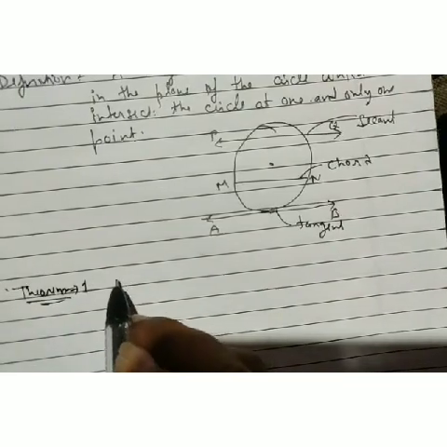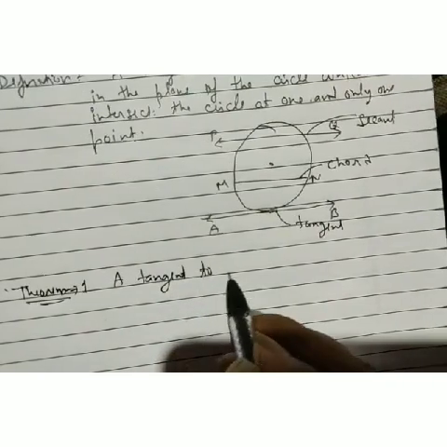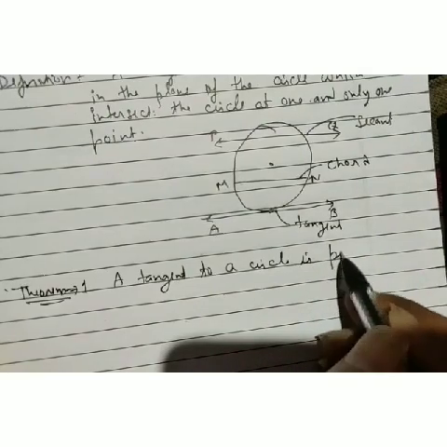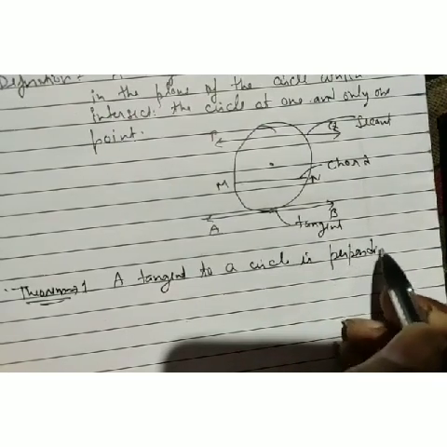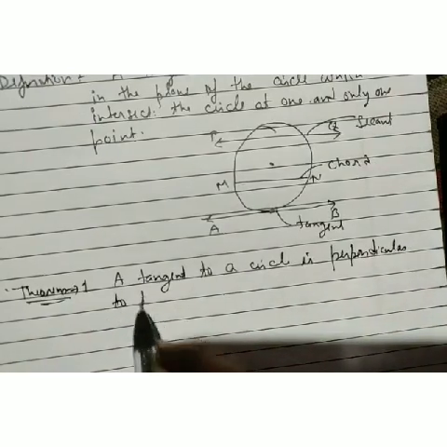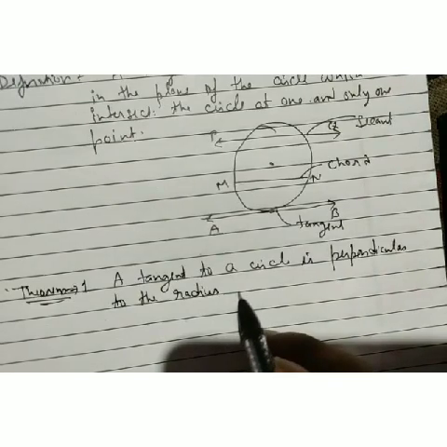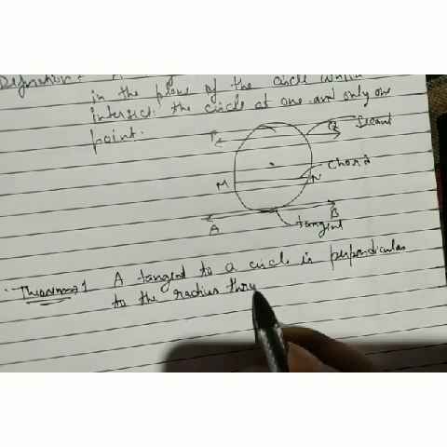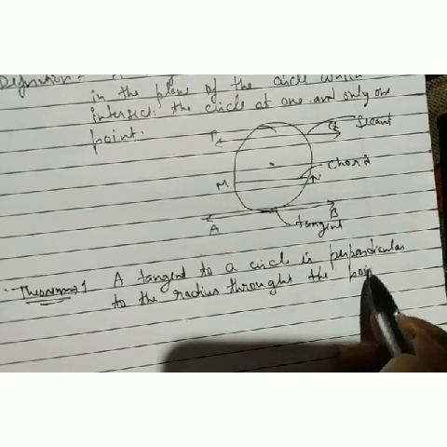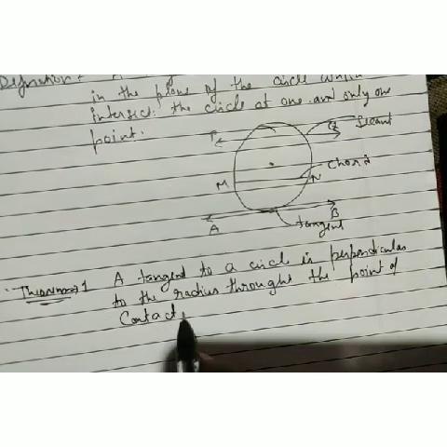A tangent to a circle is perpendicular to the radius through the point of contact.